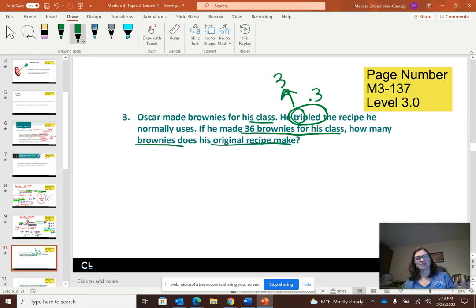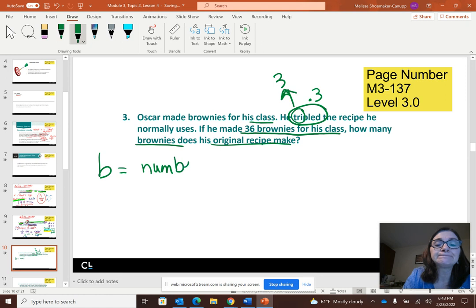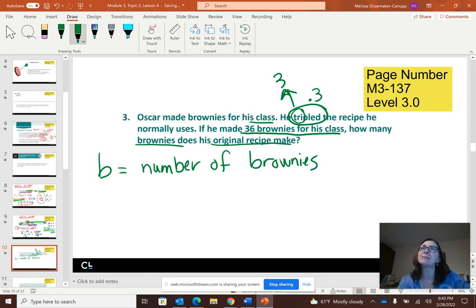Well, this one sounds a little easy, doesn't it? Okay, so we can define the variable. We can use B for number of brownies. So we're kind of following the same steps, even though some of us might be able to go, oh, I can do this mentally. Now, how are we going to triple the recipe?